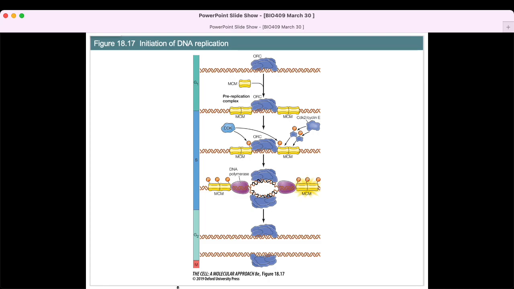We're not in S phase. We're in G1, and now we're going to go into S phase. And here's who helps. There's a CDK cyclin that's phosphorylating the MCMs, helping to activate their function. Let me just go to the other point in time.